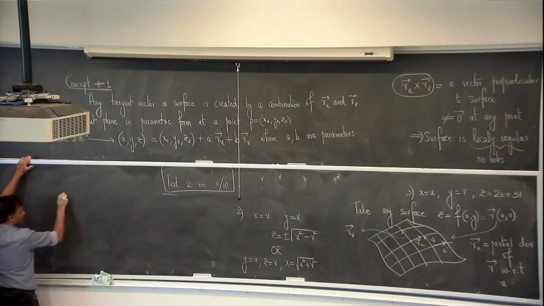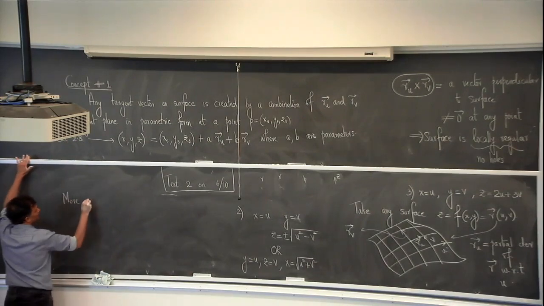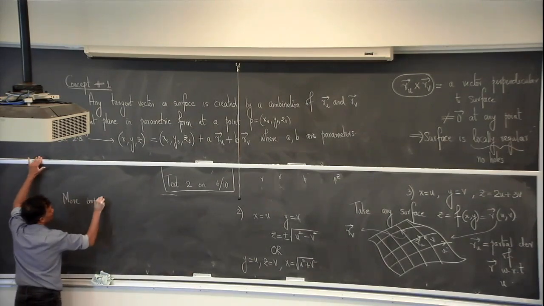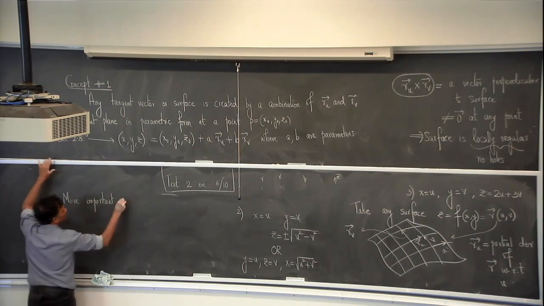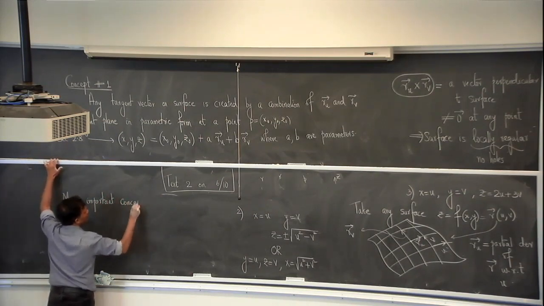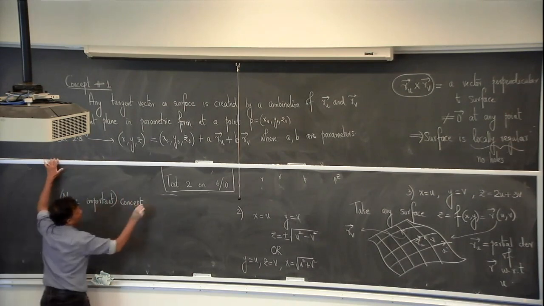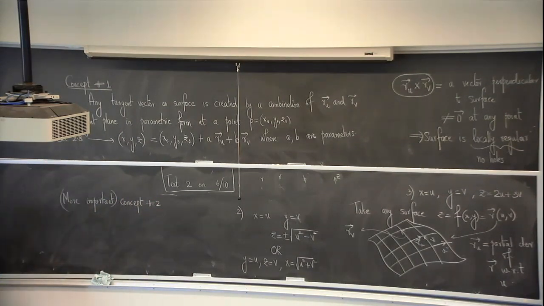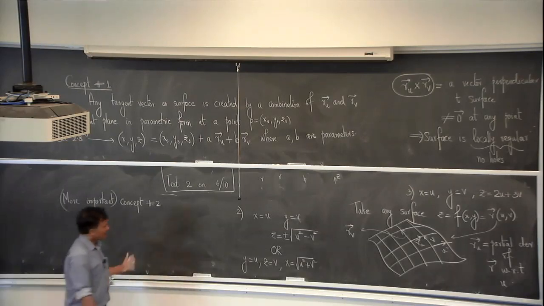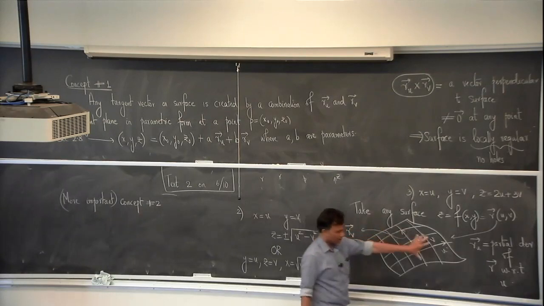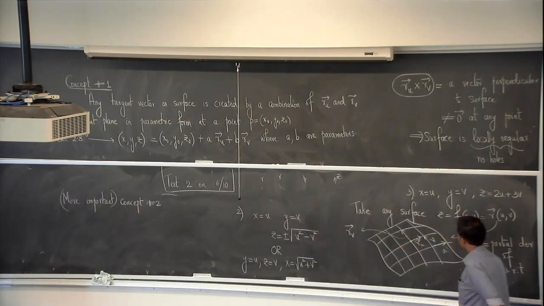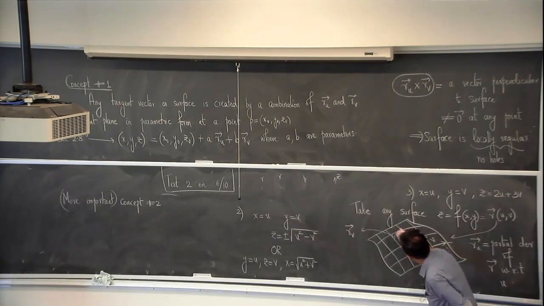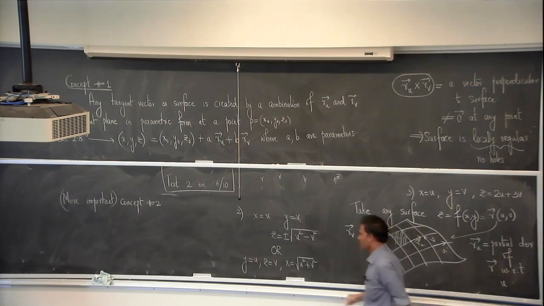The more important concept is this. This is the main part of section 3.11. So pay attention to this. You're trying to find the surface area of this part here. Now, if you look at any one particular shaded part of this, that looks like a parallelogram.